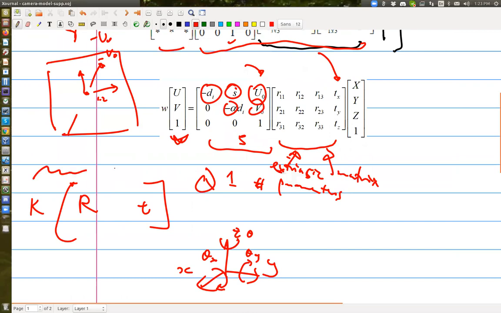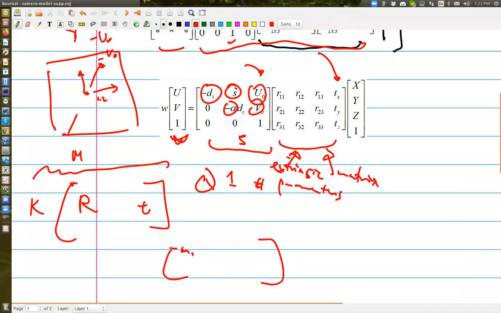This is my M matrix, with entries M11, M21, M31, M12, and so on and so forth, like that's M34 here, let's say. So I have this M matrix that we computed using calibration, let's say.